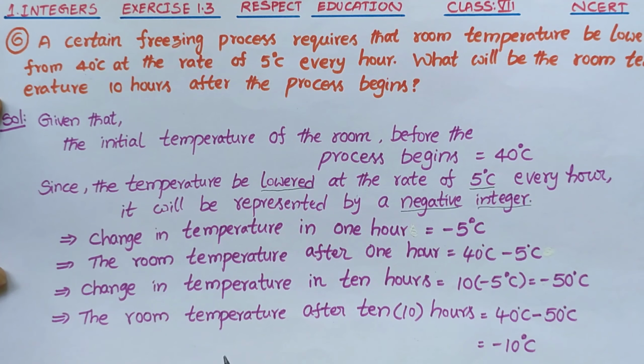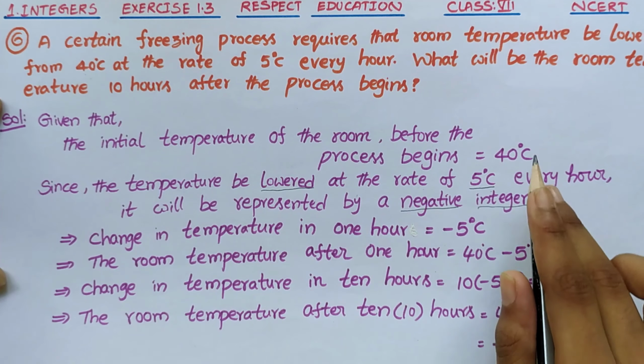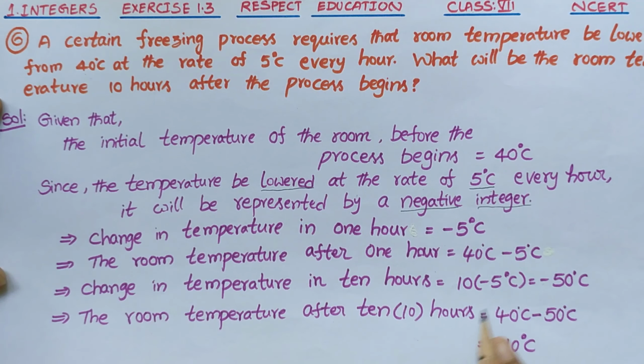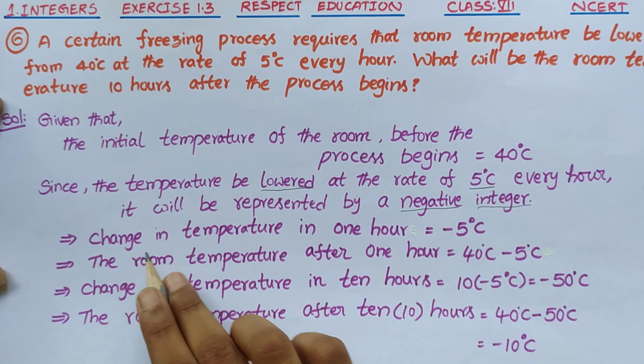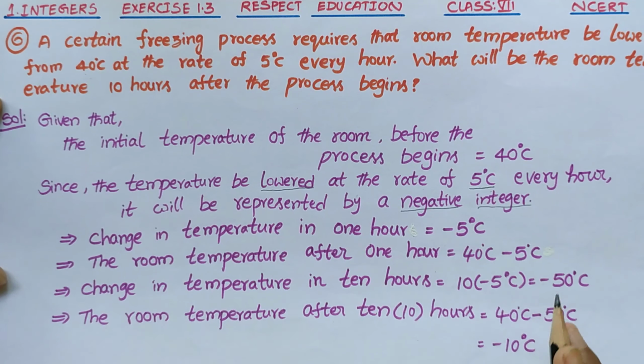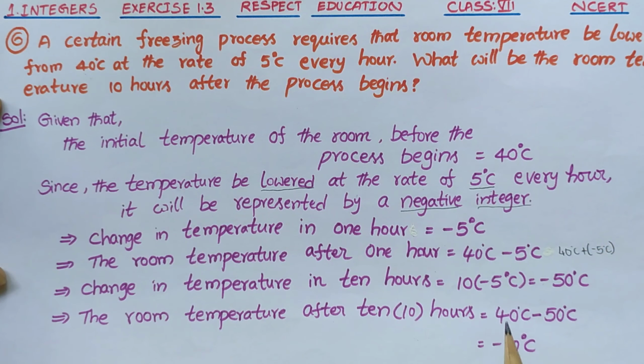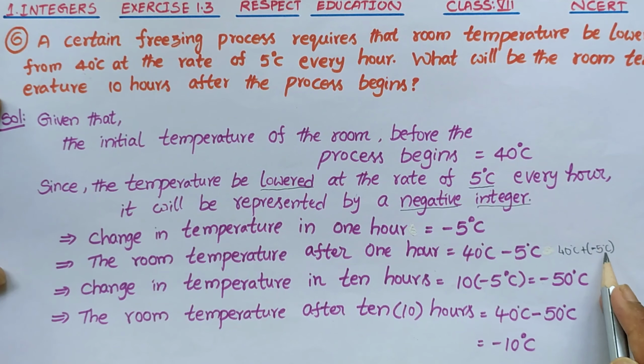The room temperature after 1 hour is equal to, see here, the earlier temperature is 40 degrees Celsius and the change in temperature in 1 hour is minus 5 degrees Celsius. So here it is 40 degrees Celsius plus of minus 5 degrees Celsius. Is it clear friends?